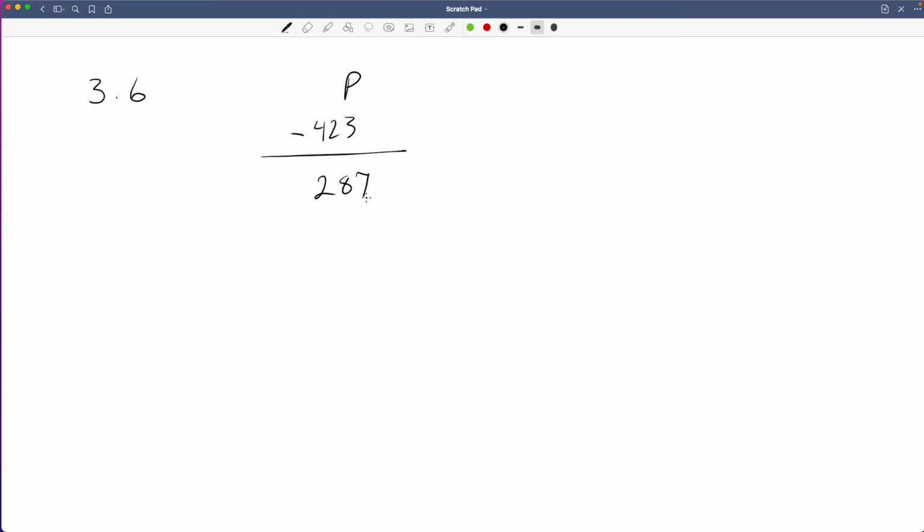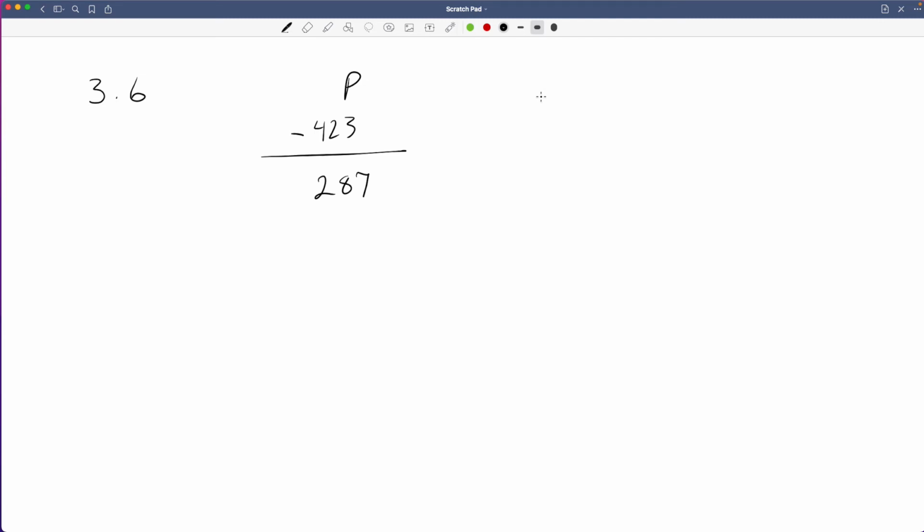Instead of doing what we did for the other subtraction problem, where we kept the minuend the same and flipped the subtrahend and the difference, we are going to flip this problem all the way upside down and turn it into an addition problem. So the difference and the subtrahend both become addends. And that's only when we don't know the minuend.